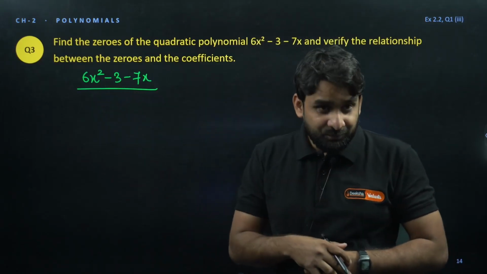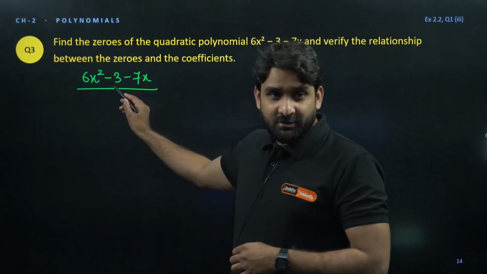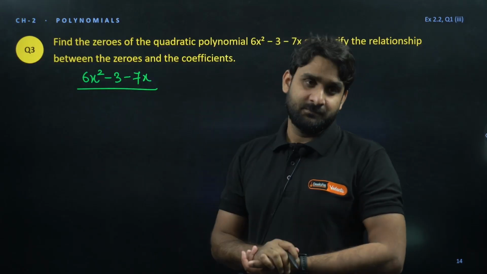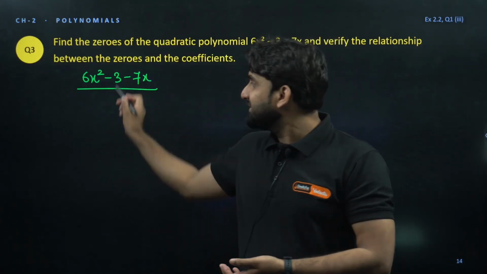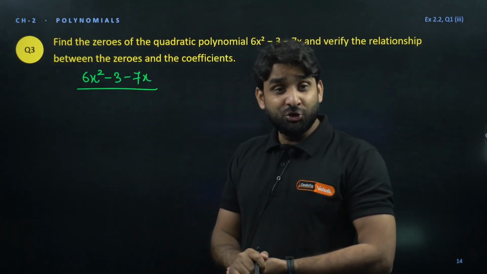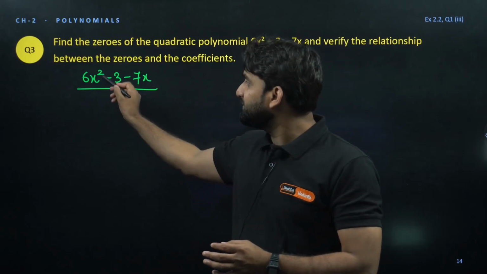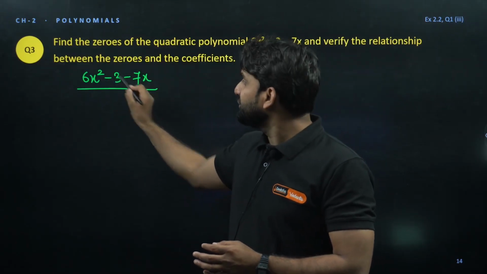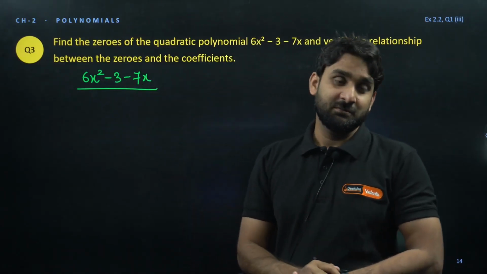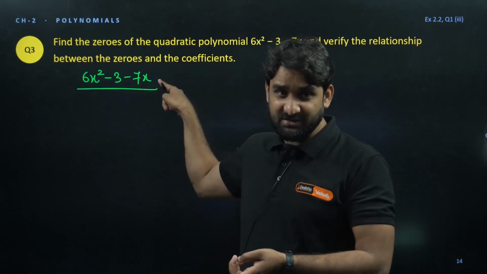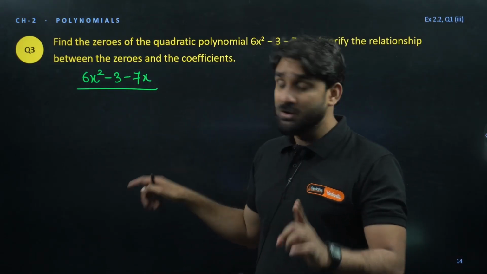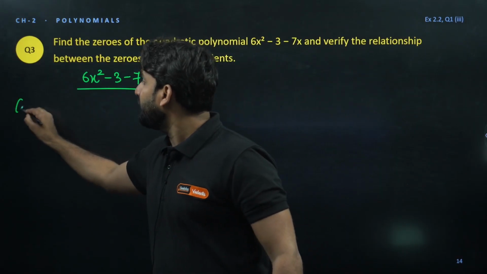Why is it the wrong method? Because the pure constant term always comes at the end. The first term has the highest power. The second term should have one less power. So if the first is 6x square, the second position should be occupied by 7x. But 7x is presently at the end, which is wrong. So we have to write it in the correct form.